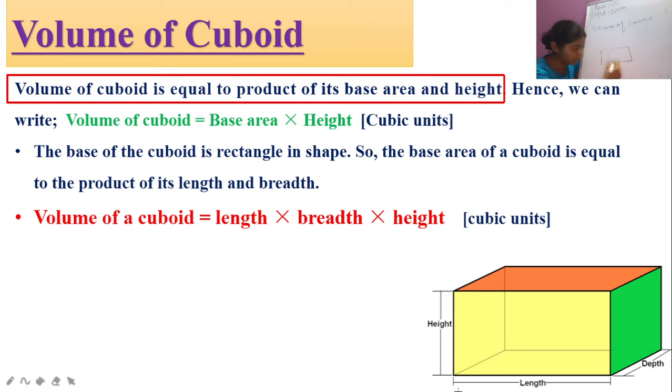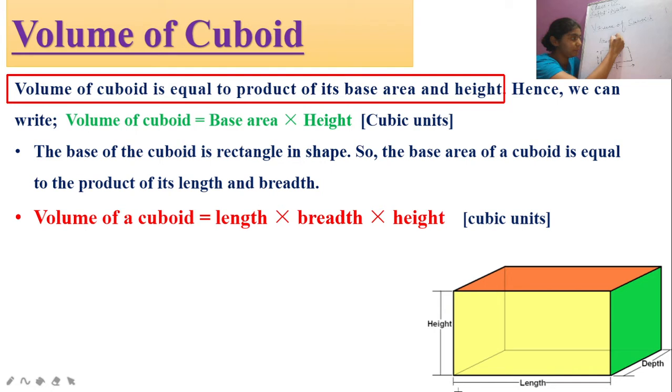Here we have a length and here we have a breadth. Firstly we will calculate the area of the base, length into breadth, and then multiply by height. Then you will get the volume of the cuboid.